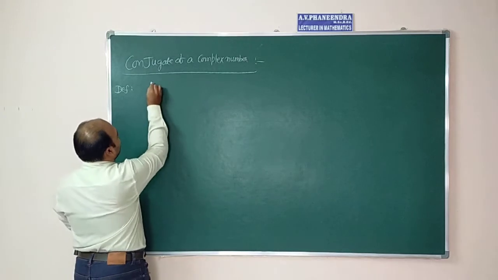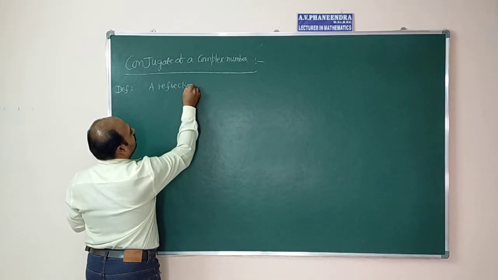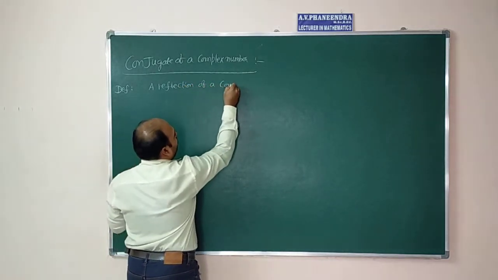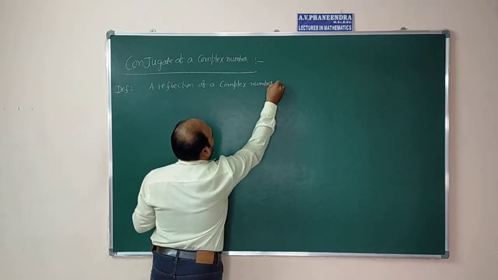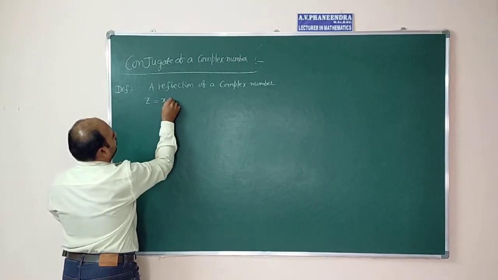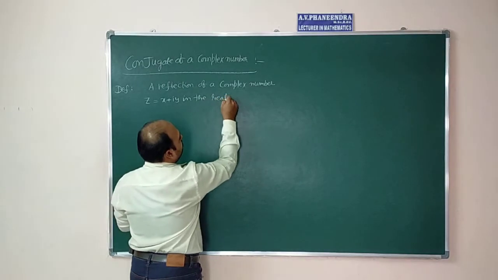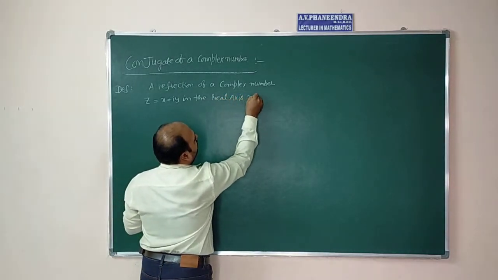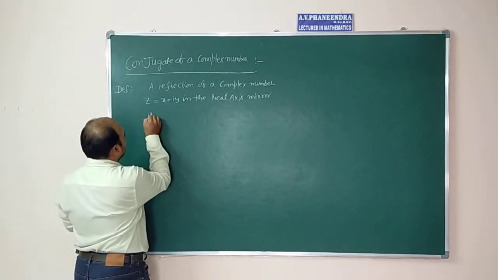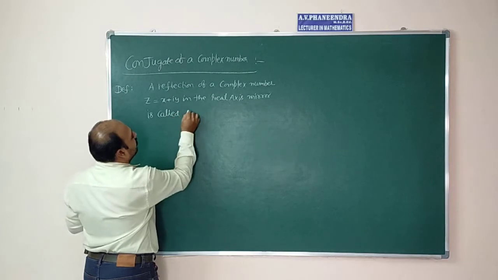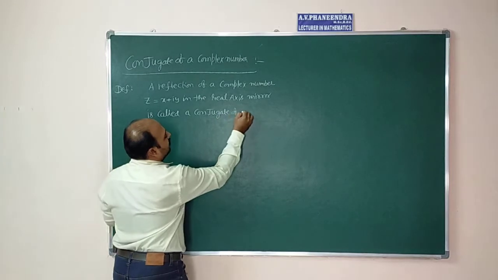A reflection of a complex number z equal to x plus iy in the real axis mirror is called a conjugate of a complex number.